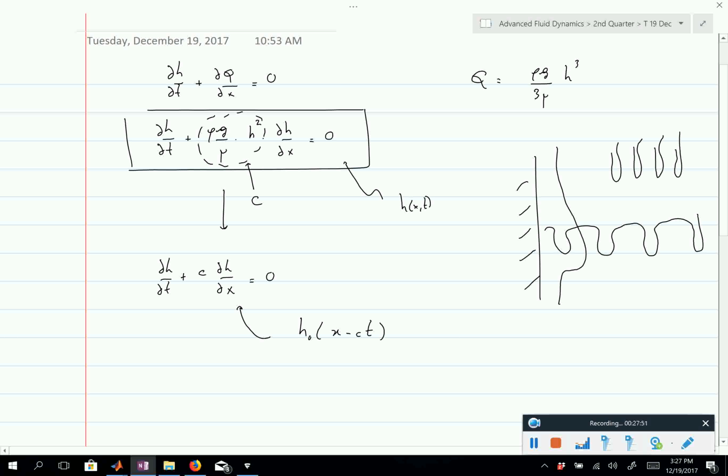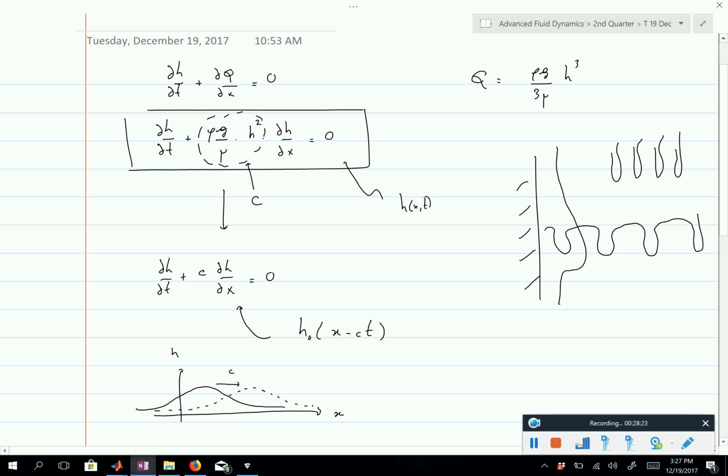Those correspond to traveling waves, meaning that if this is x and this is h, and at any time my solution was that, this is the thickness of my film, then my solution later on would be the same, but it would have translated at a velocity c.